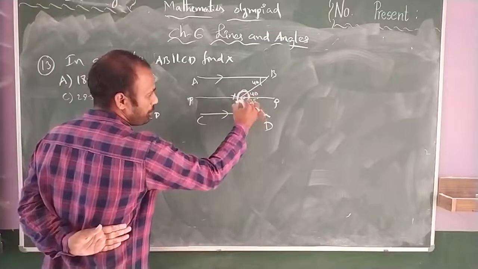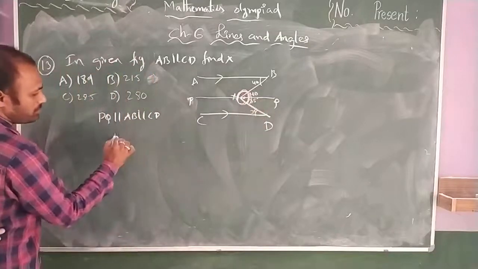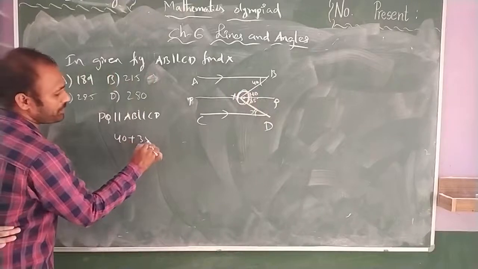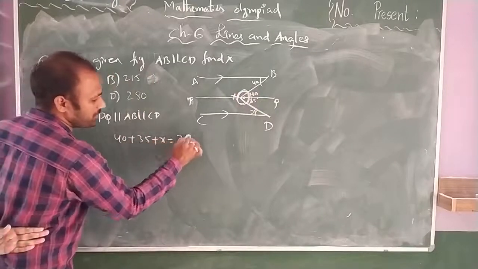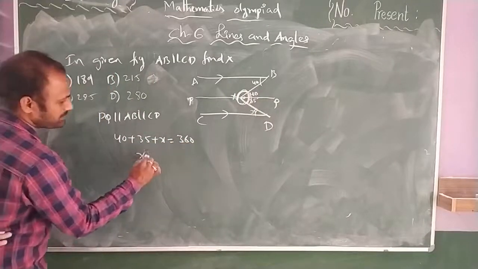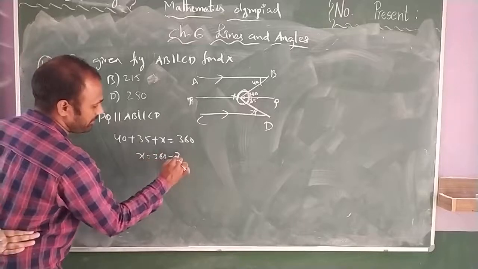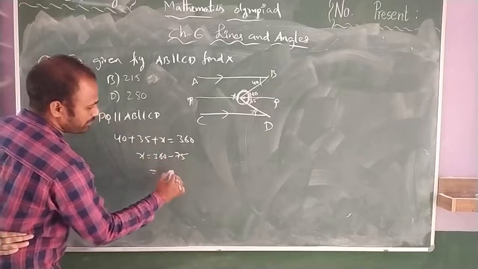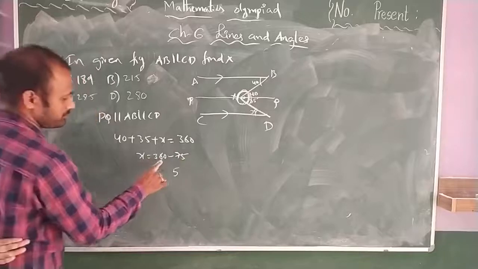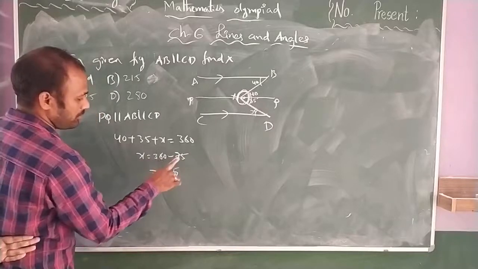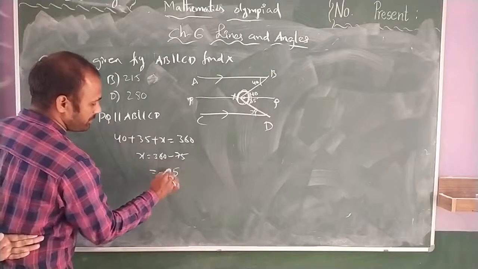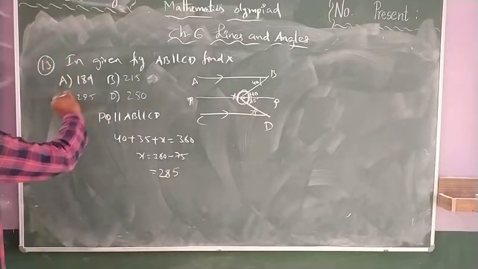At a point the sum of all the angles will be 360 degrees. So 40 plus 35 plus X is equal to 360 degrees. X is equal to 360 minus 75. So that is 285. So option C is correct.